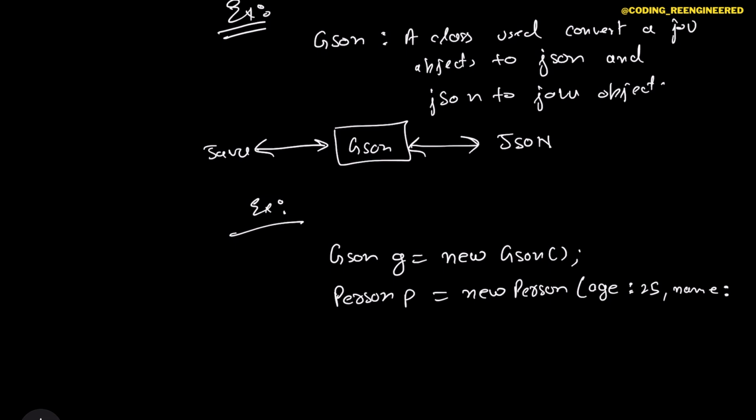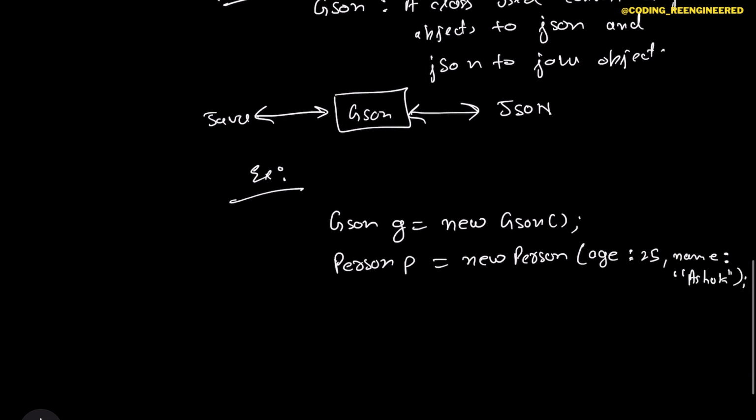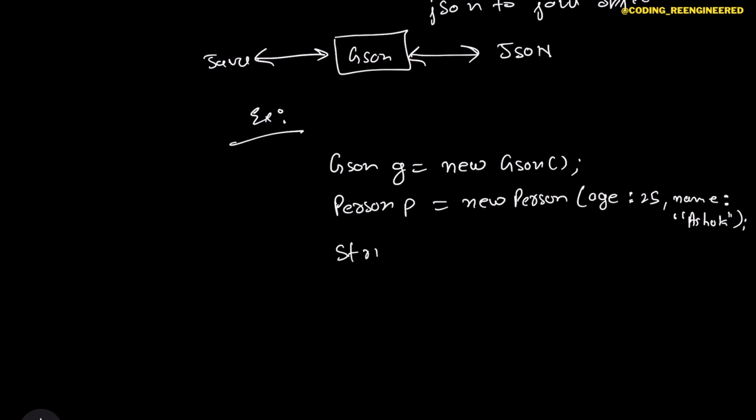I'm passing the value Ashok to it. Next, what I'm going to do is String data equals g.toJson, and I'll pass the parameter p.